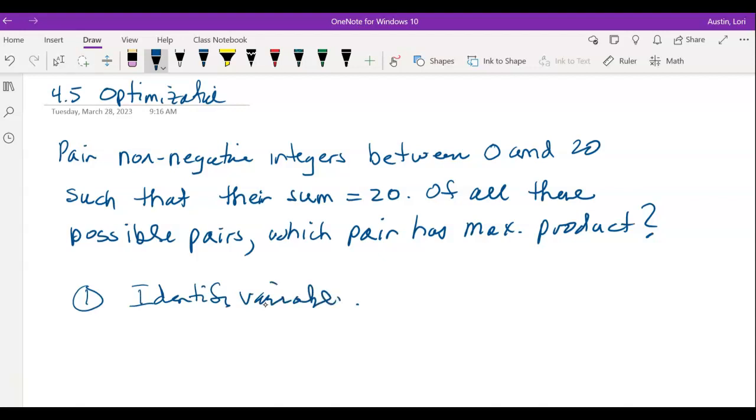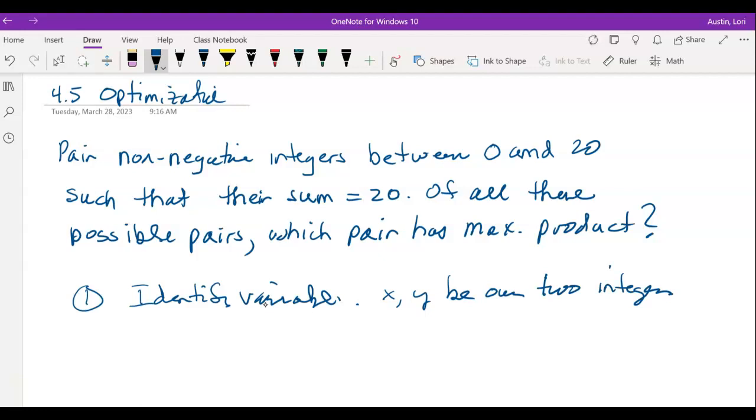Usually we choose names that make sense. If we're talking about a perimeter, we use a perimeter. If we're talking about area, you understand what I mean by choose names that make sense. We're only talking about two integers here, so let's call them x and y and make it easy, right? So let's let x and y be our two integers.